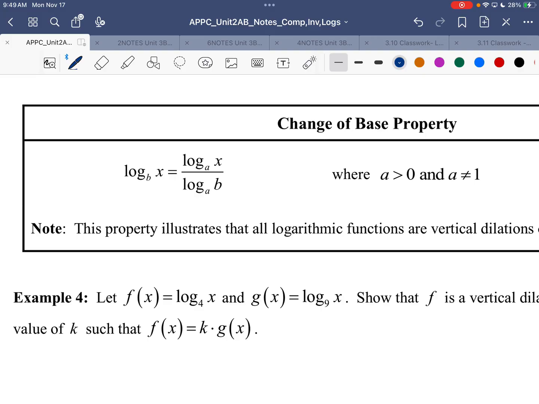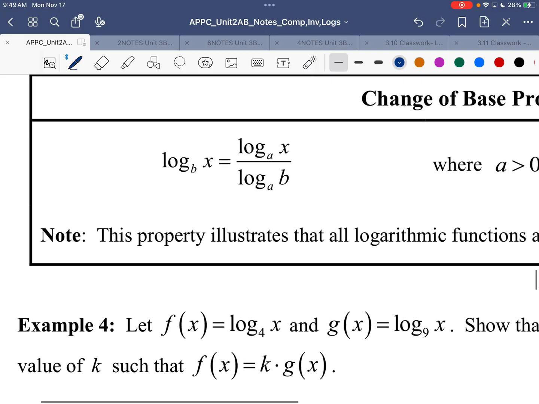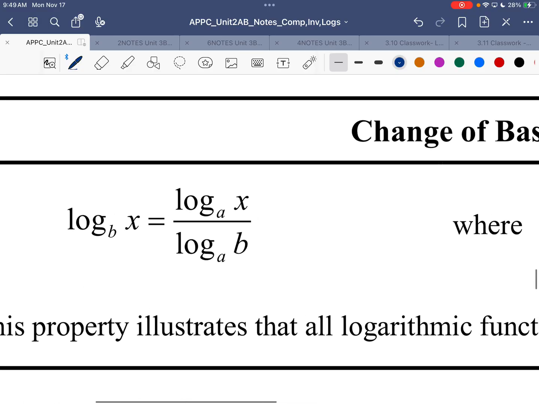But it's kind of cool because if you need to change something from logs to ln's, the change of base comes in handy. But basically the change of base is log of the big number. We'll call this big. It's like font size big. Not numerically bigger, but its font size needs to be bigger.